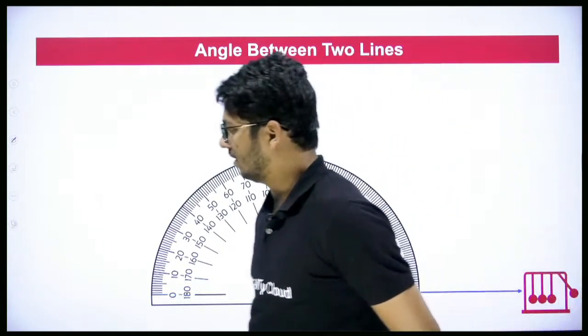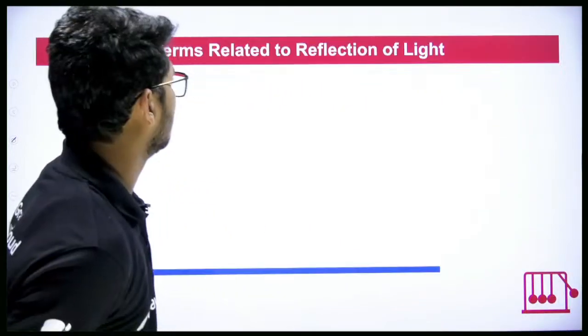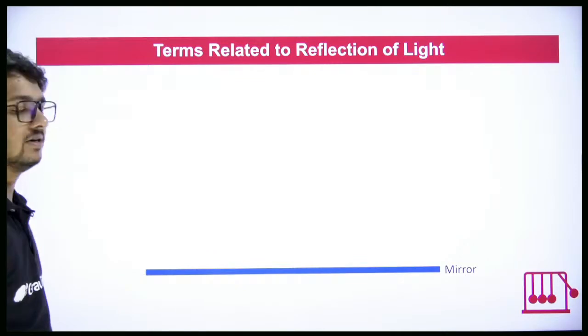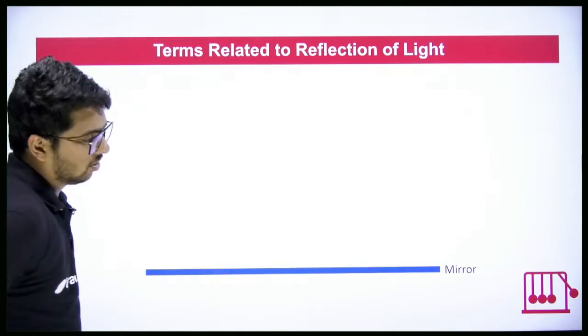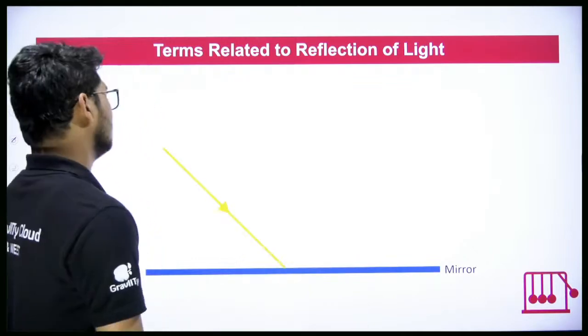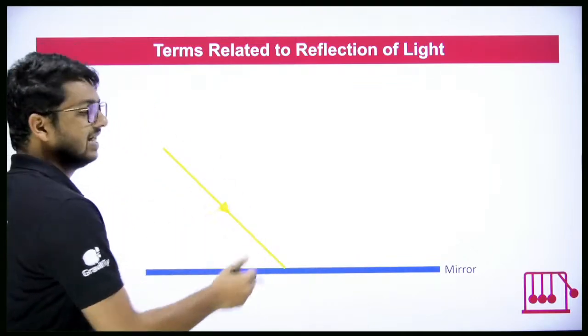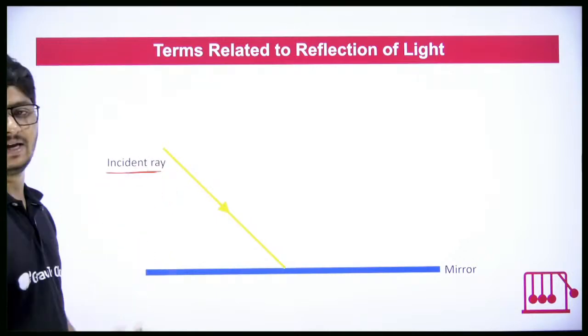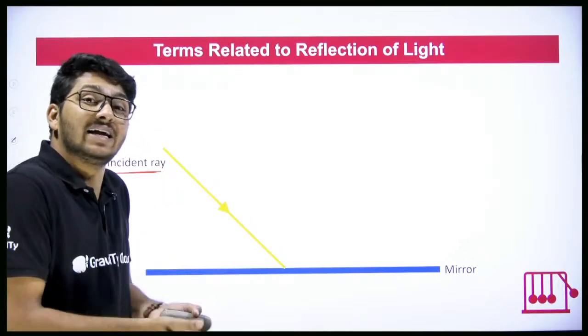Good. Now, why was that important? Because we will go into some terms related to reflection of light. This is a mirror, or you can say any opaque surface. When light is incident on a mirror, which ray do we call it as? We call it as incident ray. And how do you identify an incident ray?